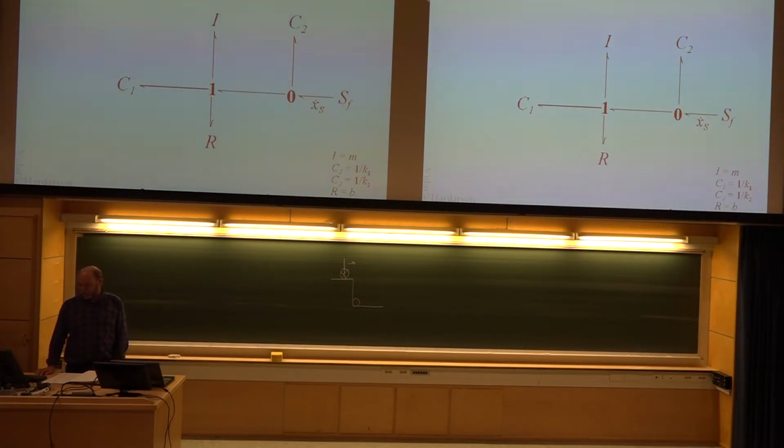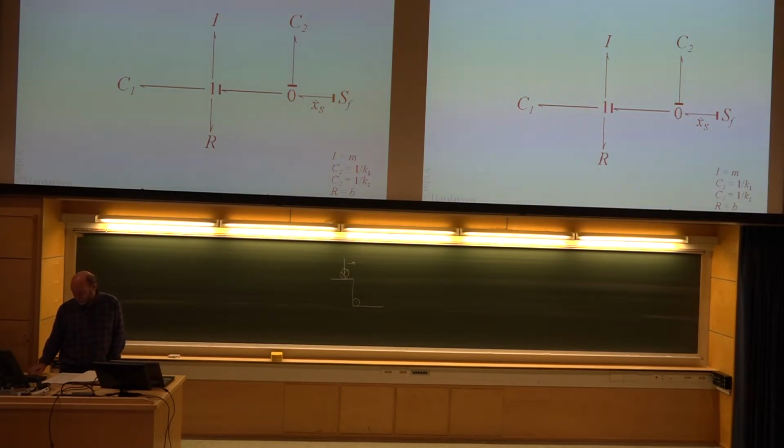And then we have the sort of clean bond graph. And now, starting with causal strokes. Start with the sources, and then you choose. Here we start with a C element, continuing. Then the 0 junction dictates a stroke towards the 1 junction.